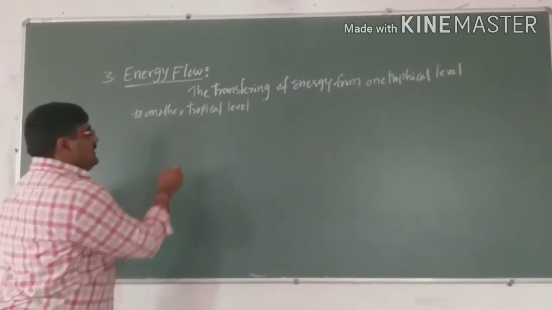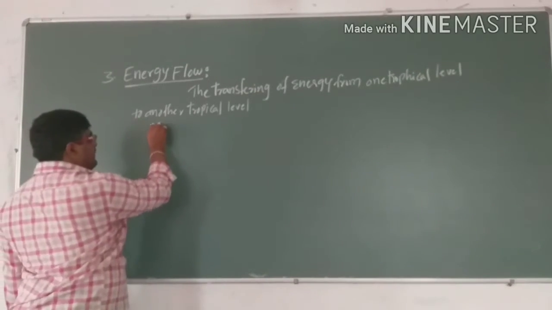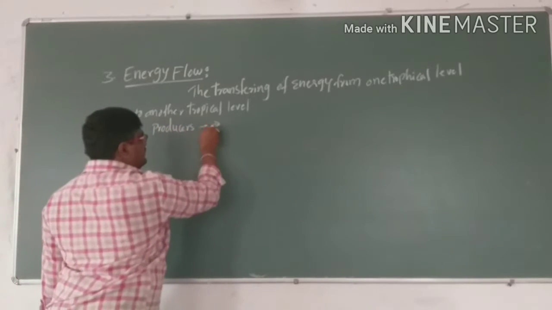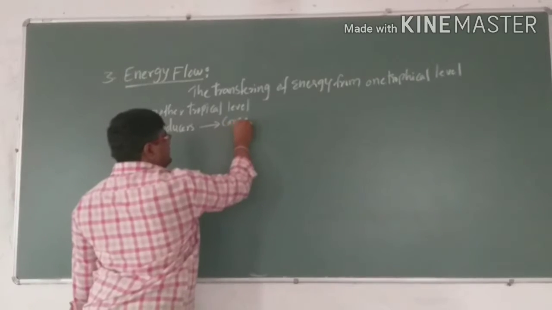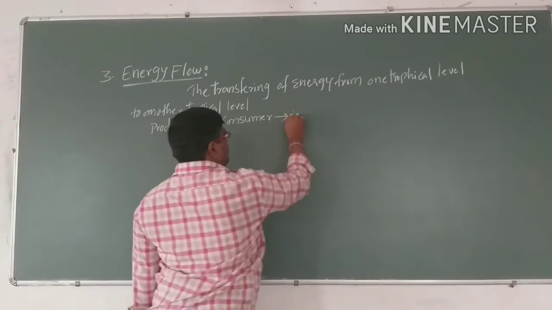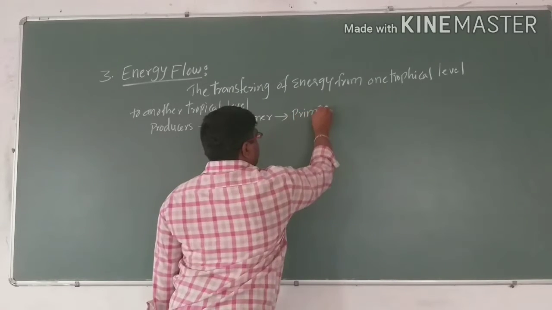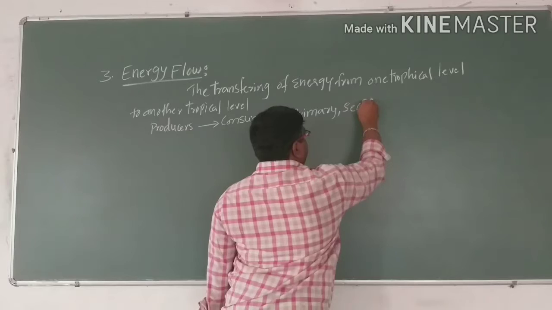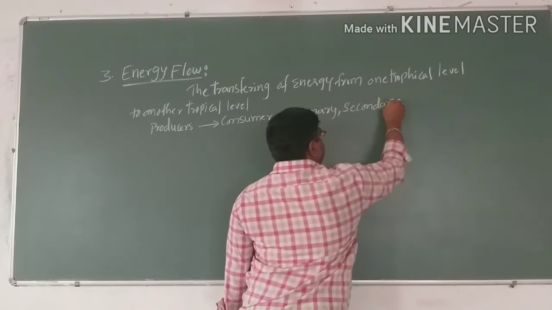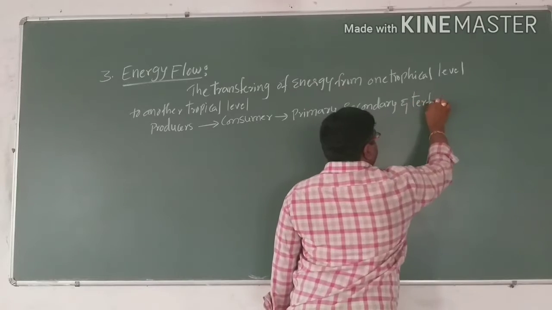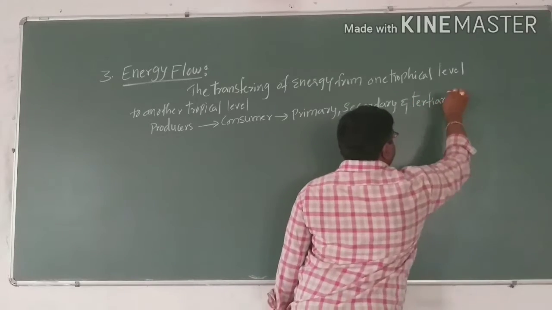Here the energy flows from the producers to the consumers. There are 3 types of consumers: primary, secondary, and tertiary consumers.